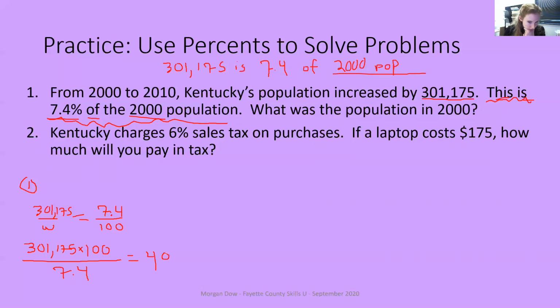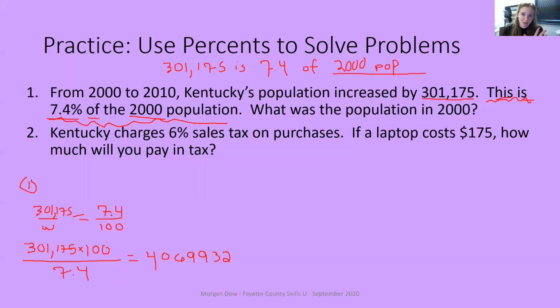4,069,932. And then I do get a decimal at the end. I get 0.432, but since we're talking about people, I'm going to round this off to the nearest whole person because we don't want any leftover parts of people.